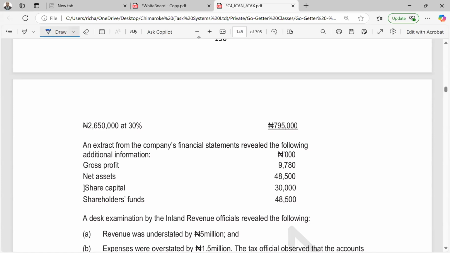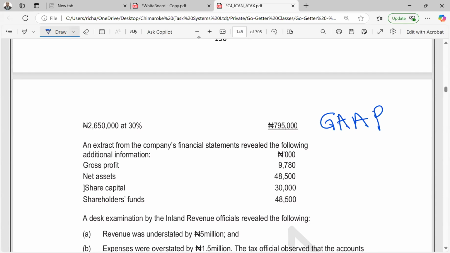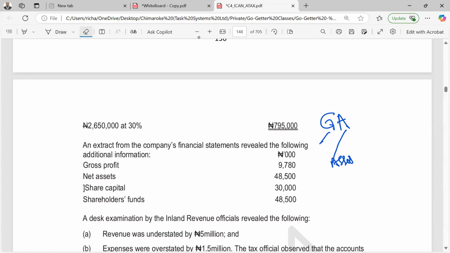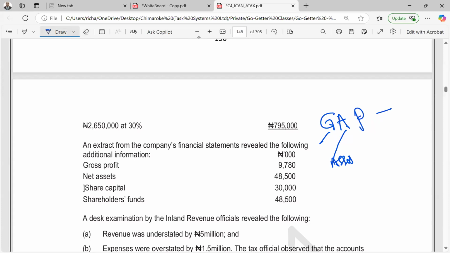I call this GAPT. This G means gross profit, the A means net assets, then this P is paid up capital. Then this T is turnover.